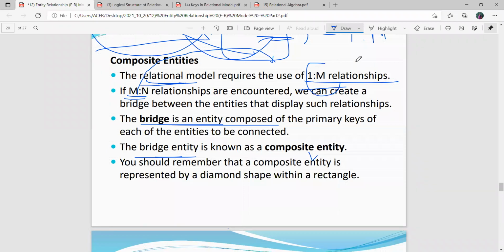To convert this, it is needed to have a bridge entity. So this bridge entity consists of the primary keys of both entities. So this bridge entity is known as the composite entity.